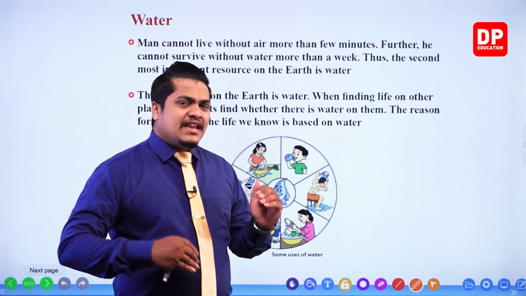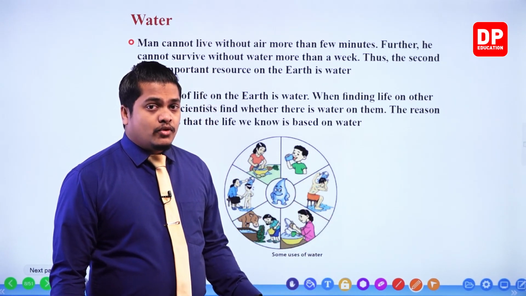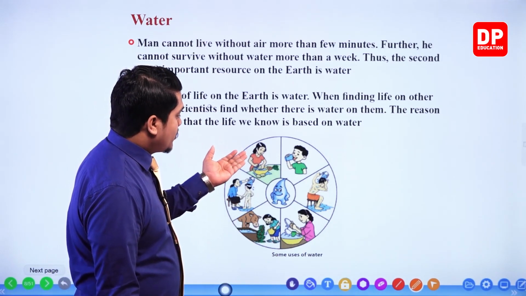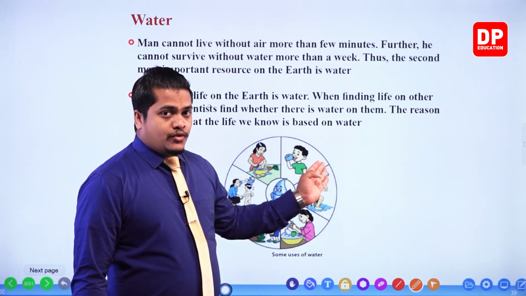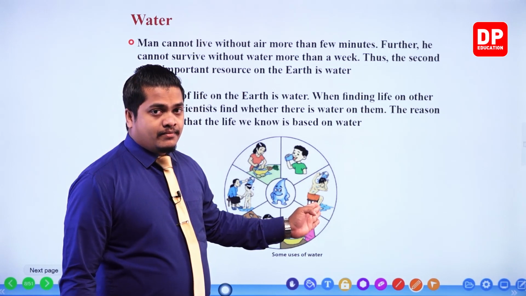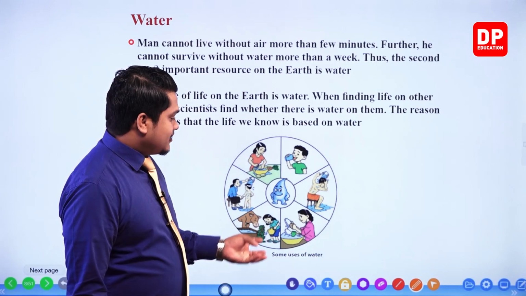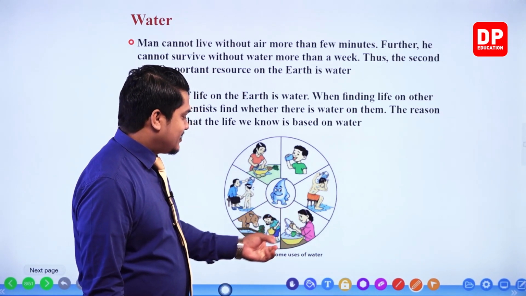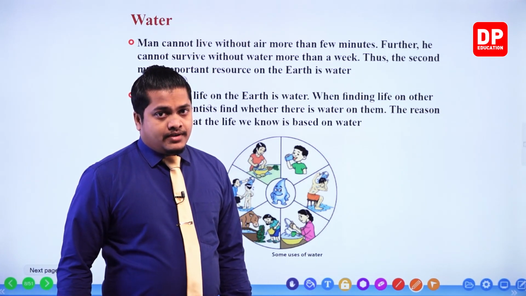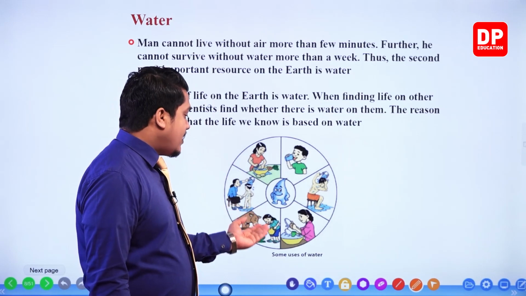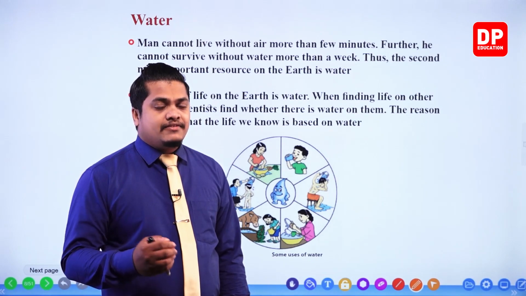Other than that, there are several day-to-day activities that we do in our life by using water. We use water in cooking, for drinking, to keep our body clean, for bathing, then to wash certain things, my dear children, and in agriculture, like maintaining farms and several kinds of fields, paddy fields and so on.